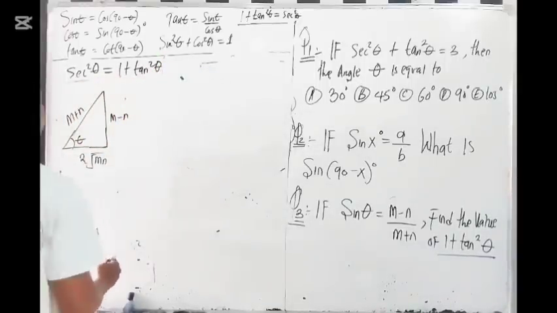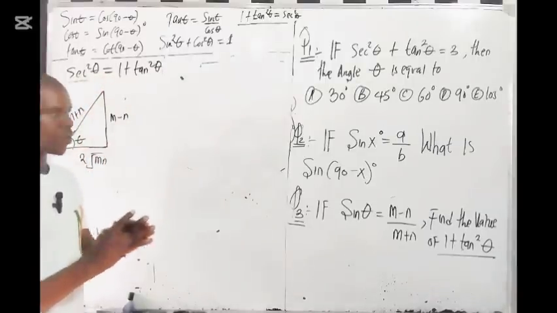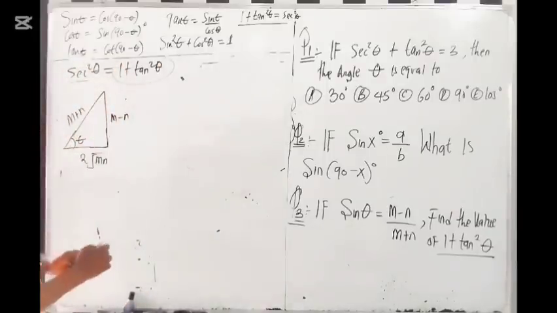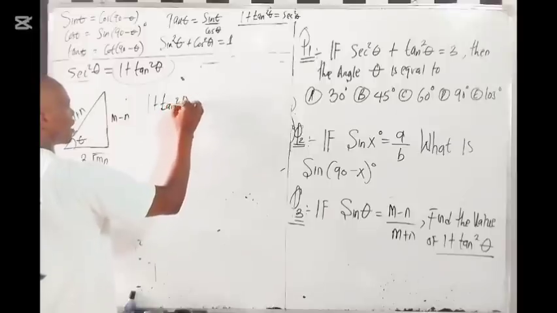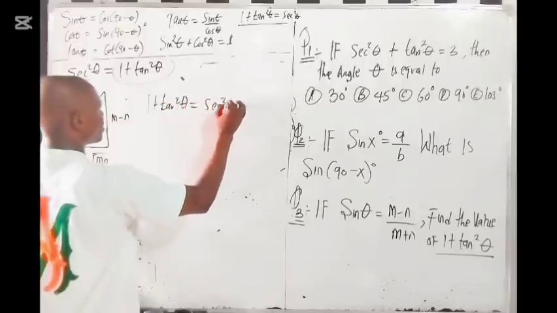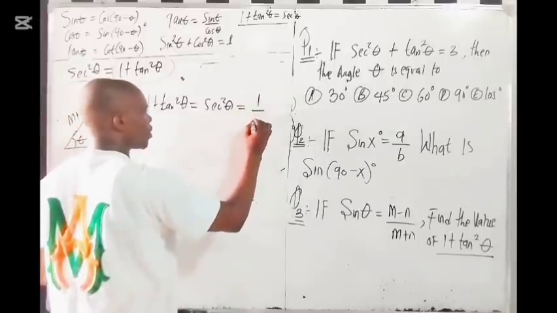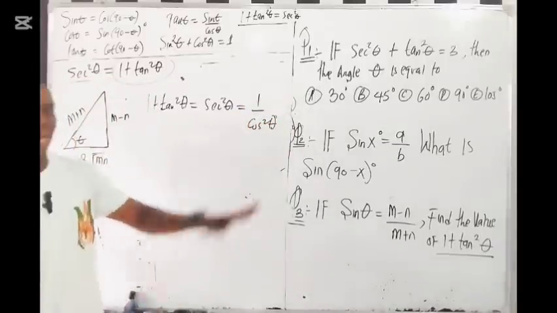So sec square theta equals this here. So our focus is now going to be sec, because the whole of this is sec square theta. So 1 plus tan square theta is equal to sec square theta. And sec square theta is equal to 1 over cos square theta. Do you understand?